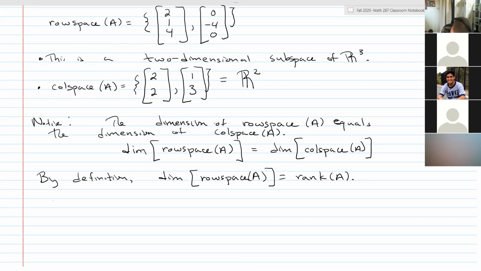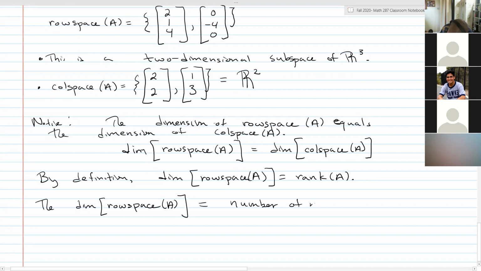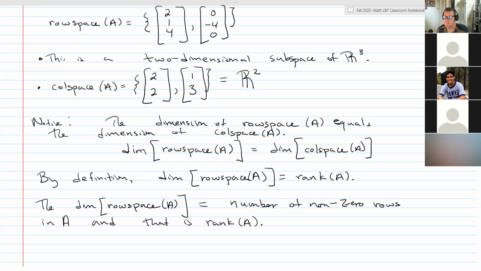So let's write that down. Dimension of the row space of A is going to equal the number of non-zero rows in REF A. And that is the rank of A. So we've got the number of non-zero rows, that's the rank of A. Convince yourself that that's the case, right?